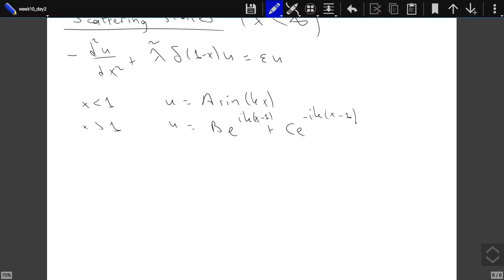And to determine b and c, we just need to match the inside solution and the outside solution. The matching conditions are: the wave function has to be continuous at x is equal to 1, which gives us a sine k should be equal to b plus c. And the derivative should be continuous, a k cosine k.